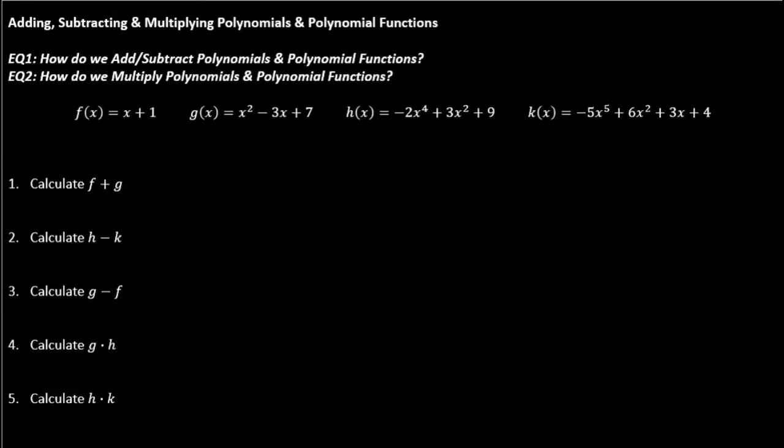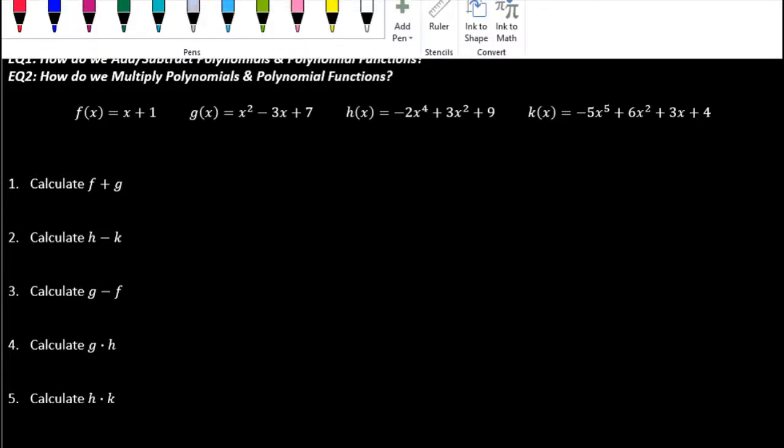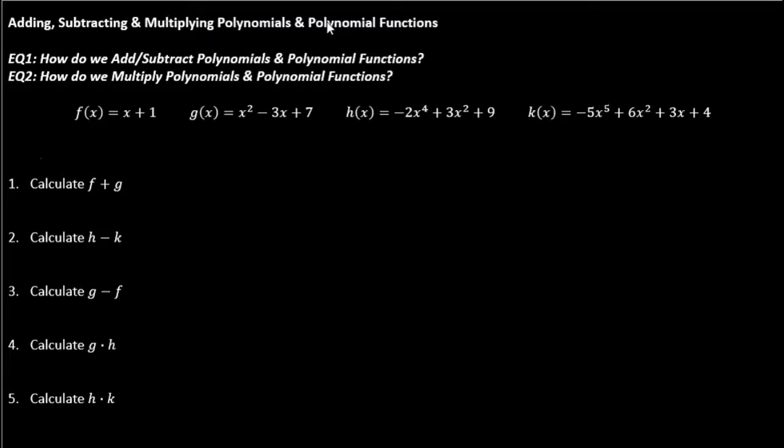So how would we add and subtract polynomial functions? And here we have a few examples. So number one, we're wanting to calculate f plus g. So f plus g is going to be equal to x plus 1, and we'll go ahead and group in parentheses, plus x squared minus 3x plus 7.